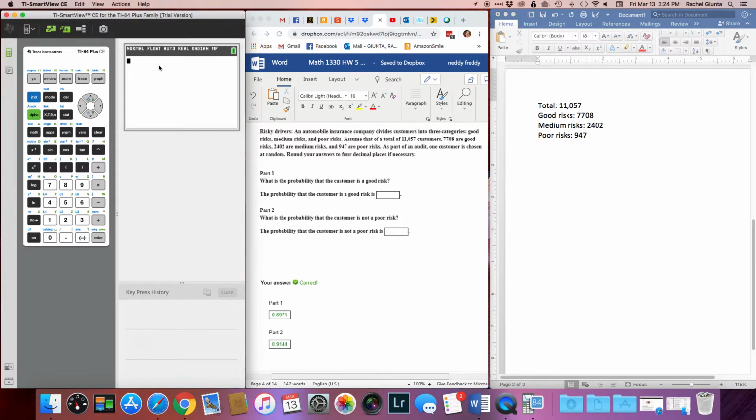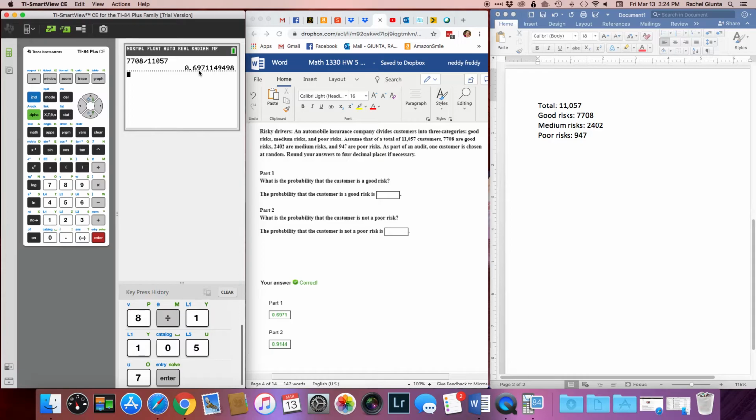And so we can calculate that, and it's always the smaller number first, 7708, also known as the part, divided by 11057 equals 0.6971, 4 decimal places, so that would be the answer for the first part.